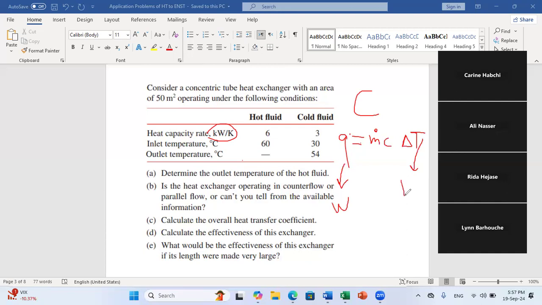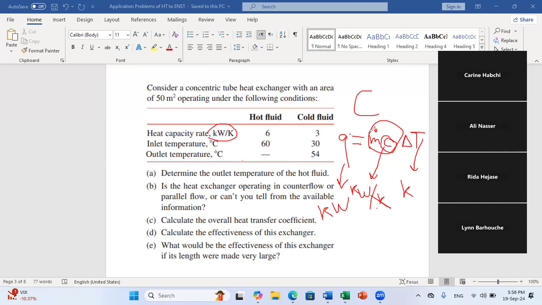So m dot C will have the unit of watt per Kelvin, or it can be in kilowatt per Kelvin. So if I give you Q in kilowatt, then m dot C is in kilowatt per Kelvin. So you know from the unit provided here that they didn't give you the small c, the specific heat capacity. They gave you this capacity multiplied by the mass flow rate of the fluid.